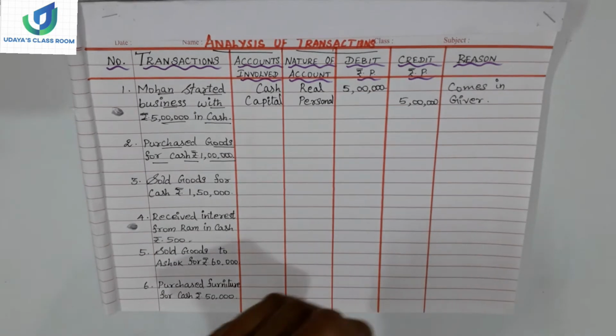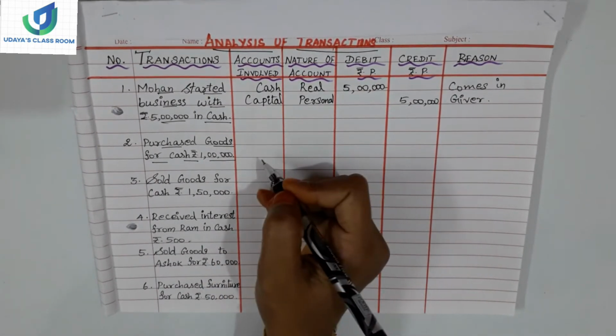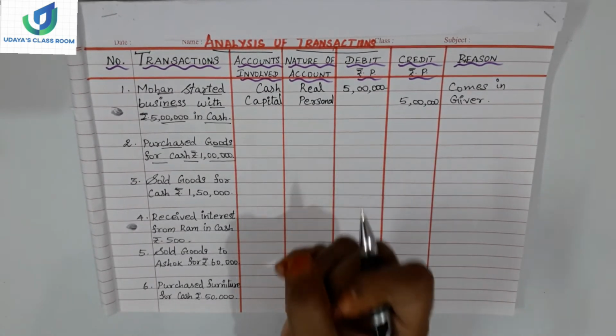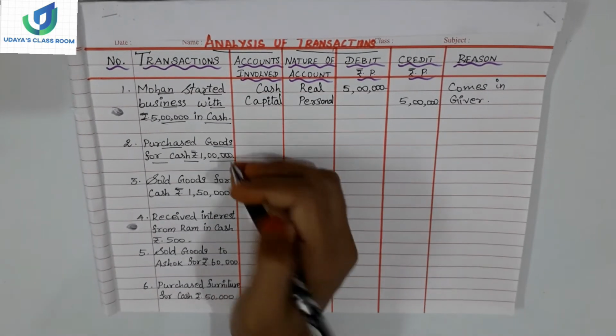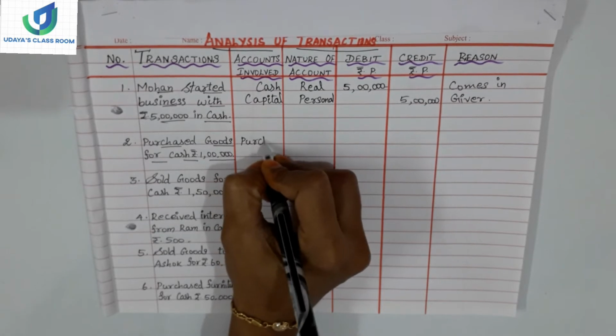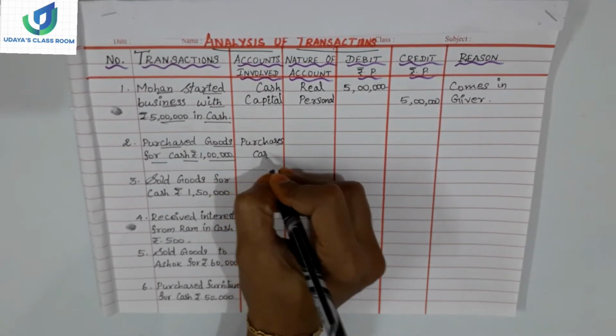So the same thing will happen here too. So first what we have to write here? Purchases. So what are all the accounts involved here? Purchases account, one side purchasing and other side cash is going. So accounts involved, first let us write purchases and other side cash.